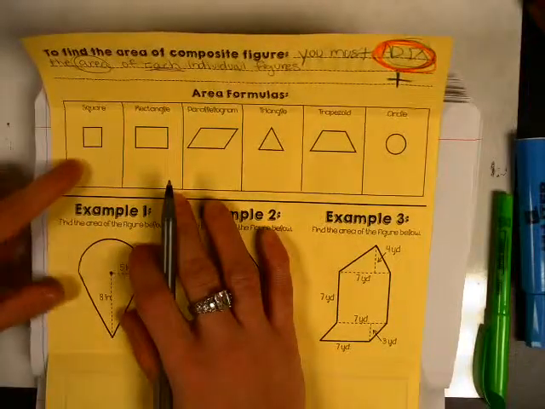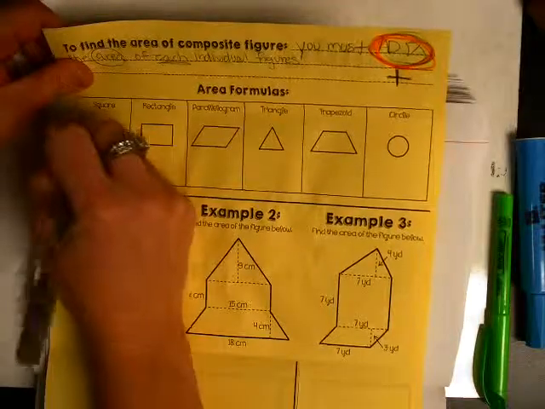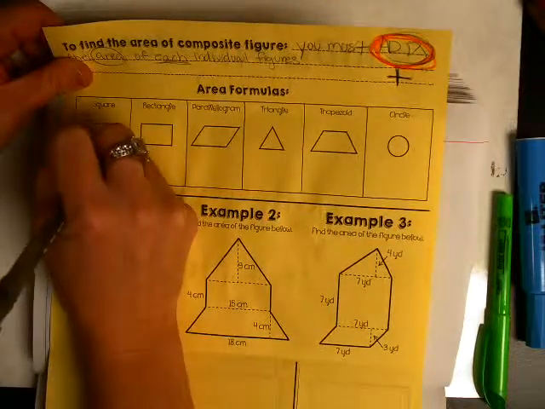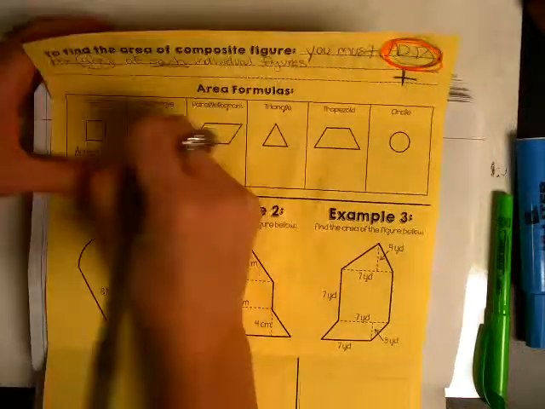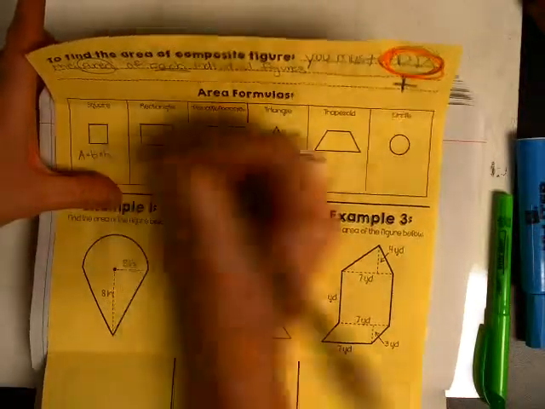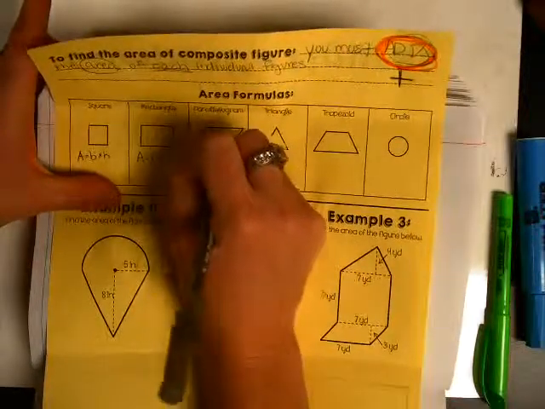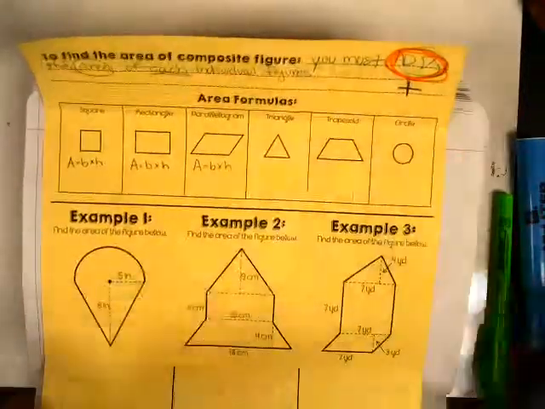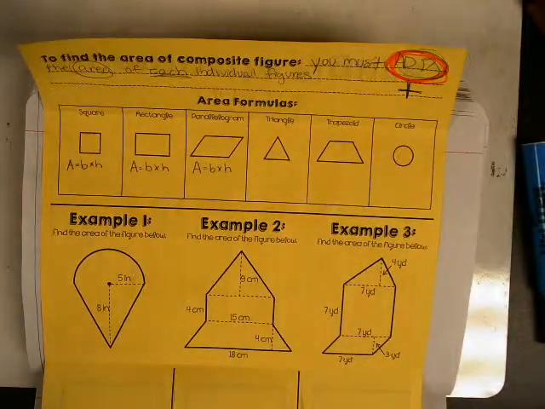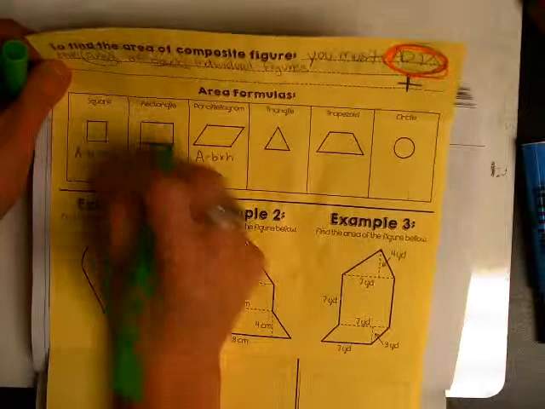Now, the formula for a square we've talked about is A equals base times height. The area of a rectangle is the same, A equals base times height. The area of a parallelogram is base times height. I'm going to start using some color codes. Bases I'm going to say are green.